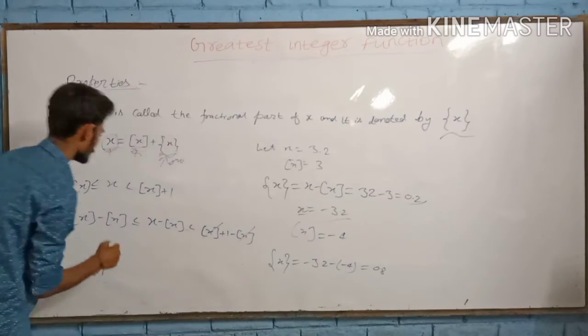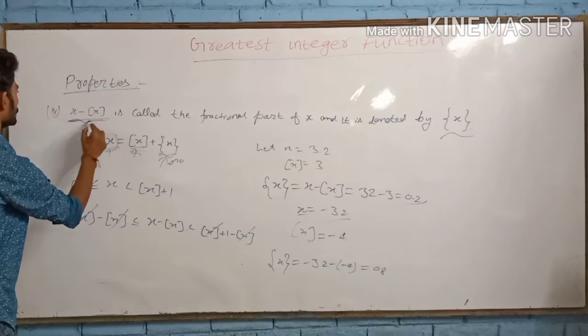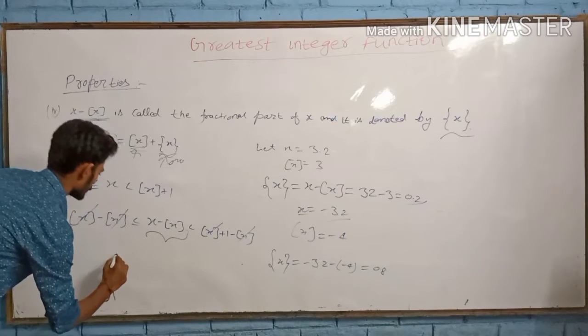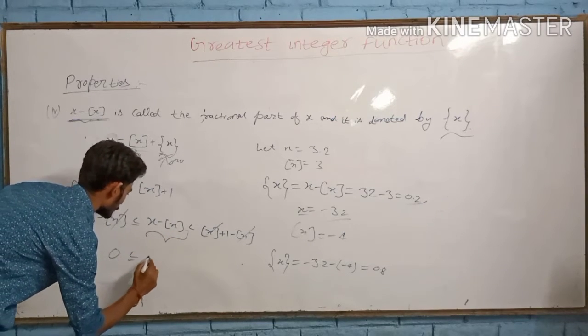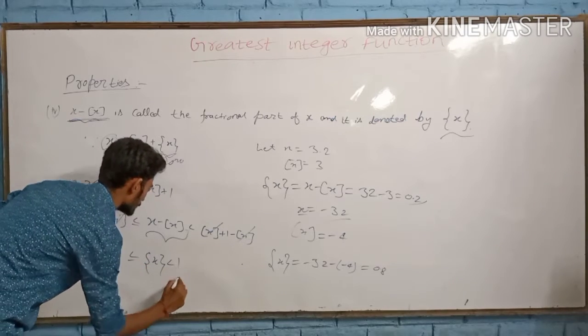Here ⌊x⌋ cancels and here ⌊x⌋ cancels. And from here we can see that x minus ⌊x⌋ is the fractional part of x. So the fractional part of x lies between 0 and 1.